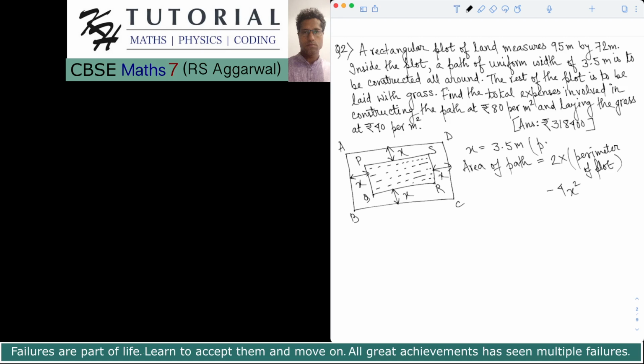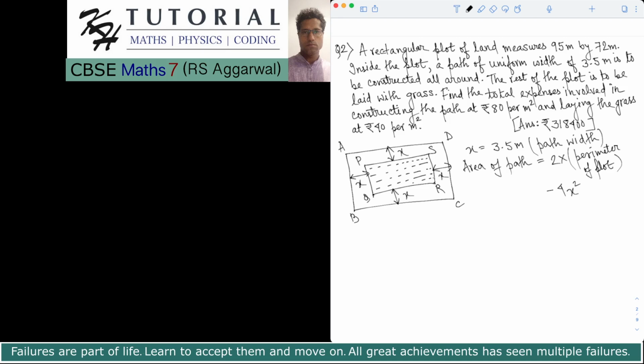Here x is given to be 3.5 meter. It is the path width. Since the path is inside the rectangular plot, we have minus 4x square.